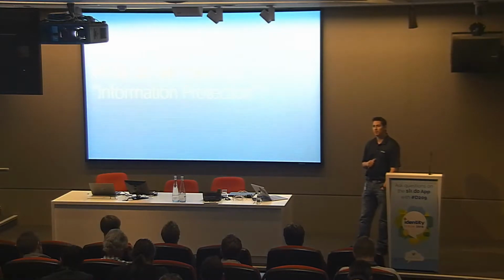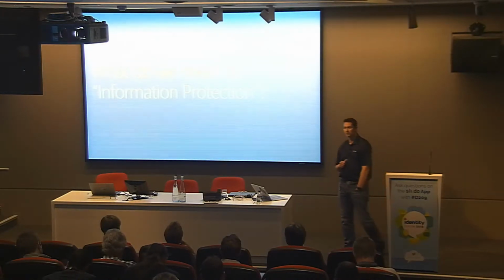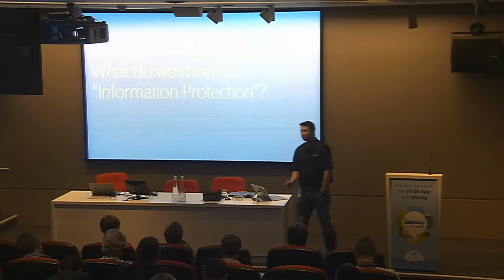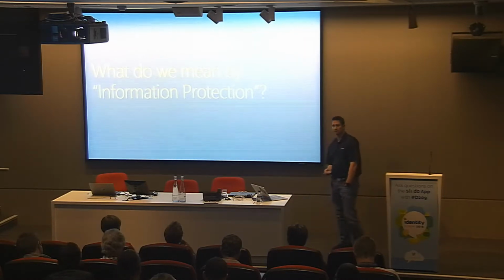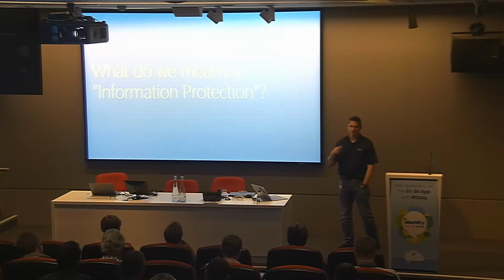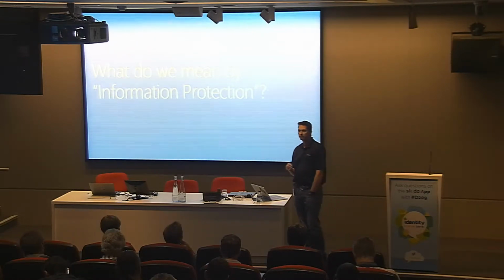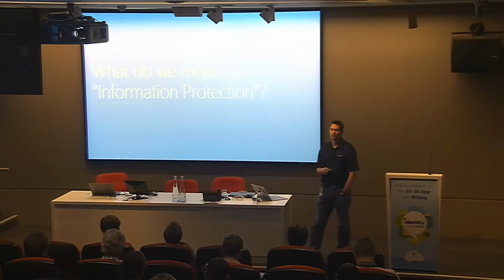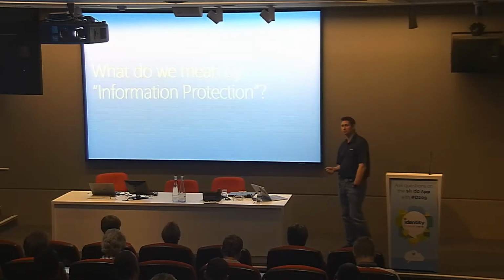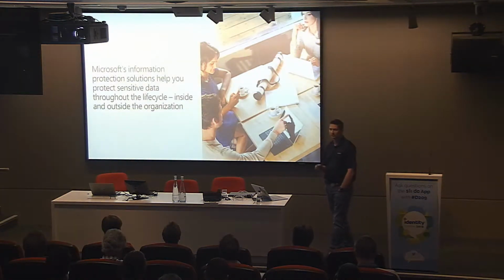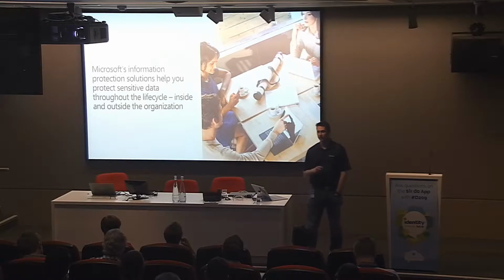Let's start by defining what we mean by information protection. It can mean many different things depending on what we're talking about, and it can be as simple as the Kensington lock holding your laptop to your desk. It could be whole disk encryption, BitLocker, all the way through to AD Rights Management and removing controls from applications. But when we talk about information protection, what we're really talking about is protecting your sensitive data throughout its life cycle, inside and outside your organization.